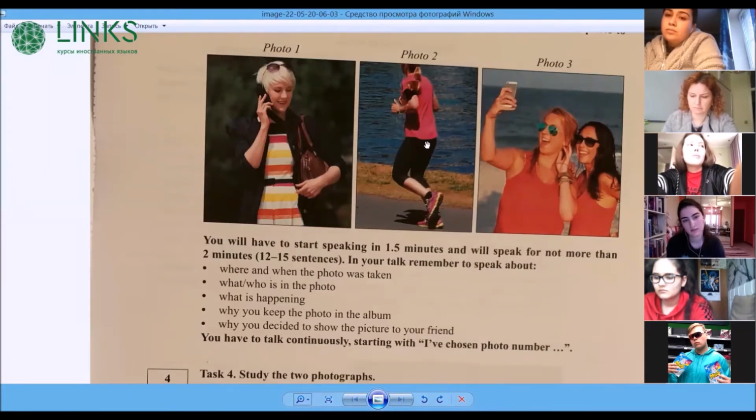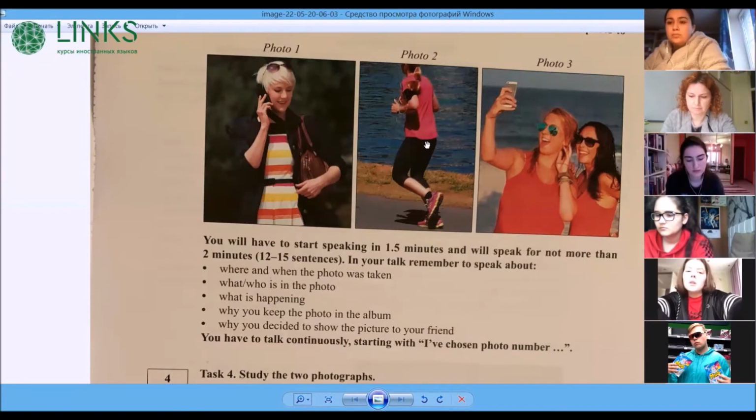In the foreground, you can see my younger sister Anne. She is running and listening to music. She is dressed in a pink sports suit. In the background, you can see a small lake.